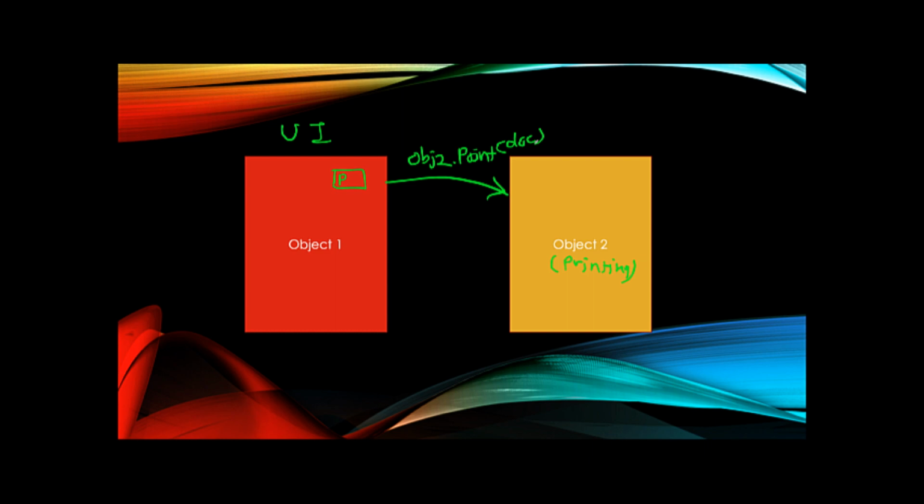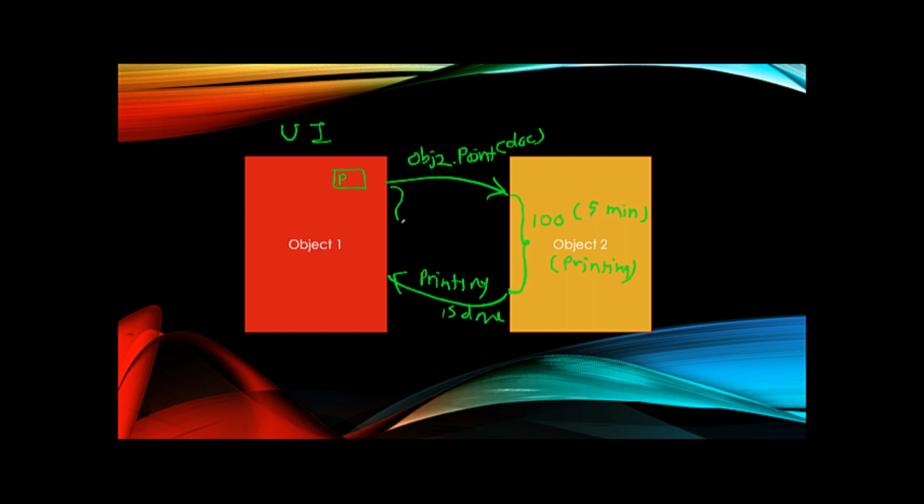Now object 2 will print, let's say, 100 pages, and this takes about 5 minutes. So object 2 will take the 5 minutes to execute the method, and only then will it return control to the caller, saying that printing is done. This is a typical flow.